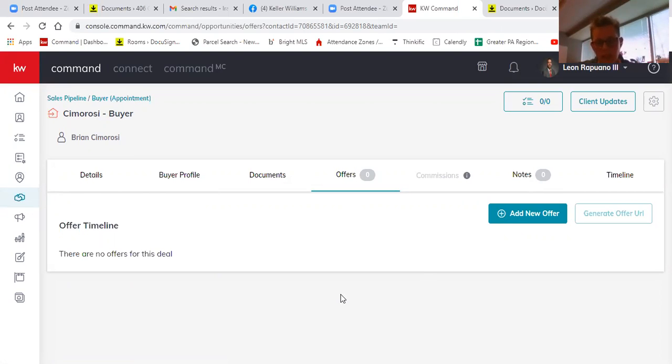I have a spreadsheet that I do, but as you get your feet on the ground running with this, you know that you can use this offer tab to put in all the offers, and then you can look at them. Okay, it's this type of financing, this type of loan to value ratio, whatever the case may be. And it even allows you to put in your own remarks. The seller will see those remarks as well.